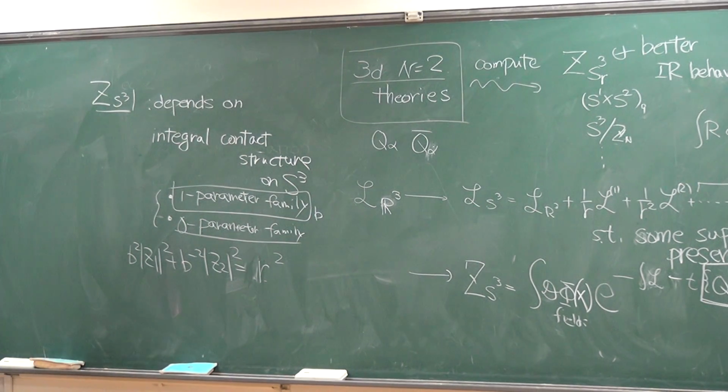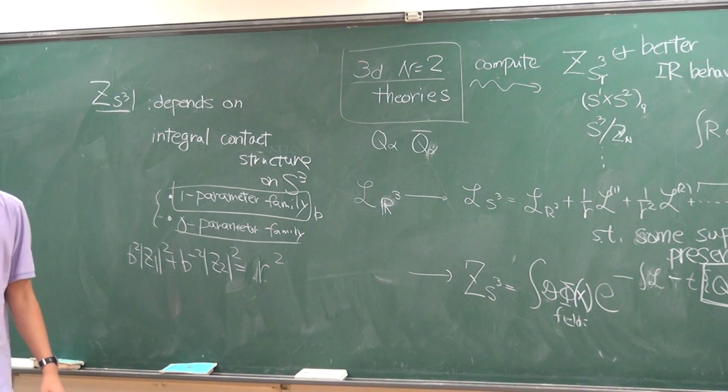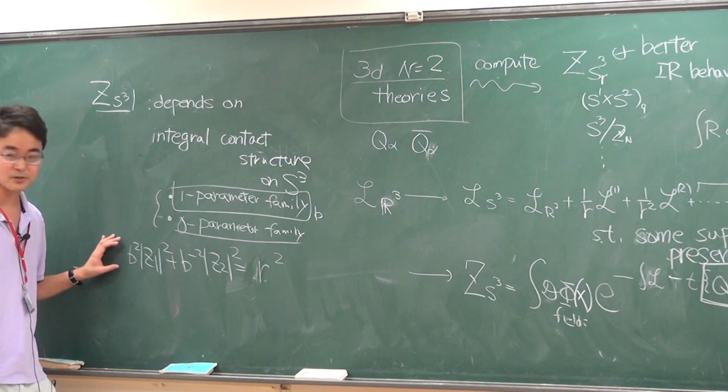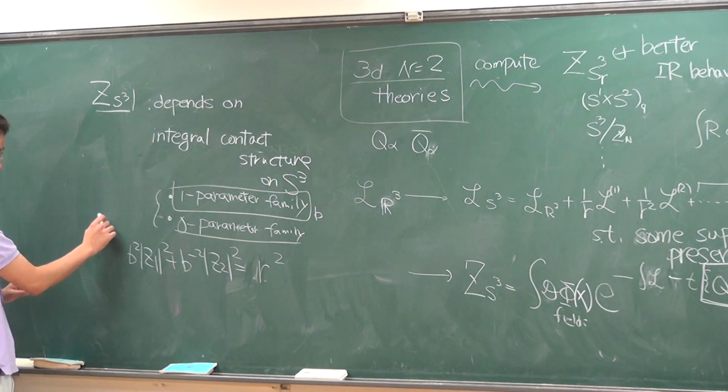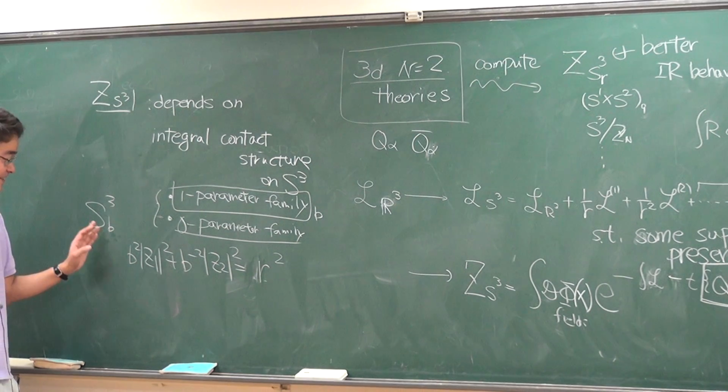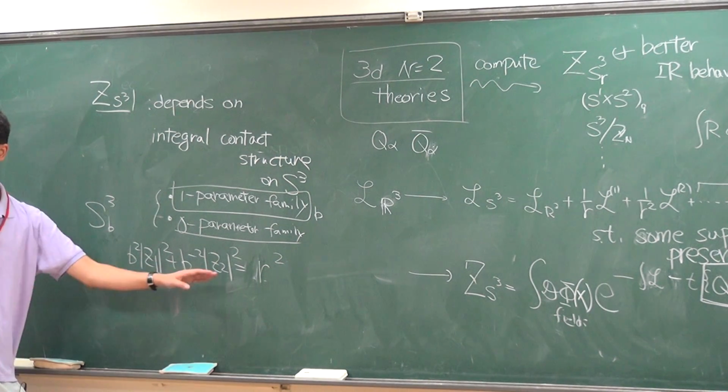Is the one parameter b similar to the squashed sphere? Yes, this is sometimes called a squashed sphere, in fact, a squashed 3-sphere. In standard notation, this is called S^3_b. I'm digressing too much, but this one preserves U(1) times U(1) symmetry.